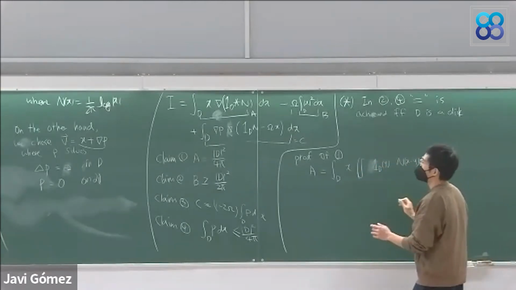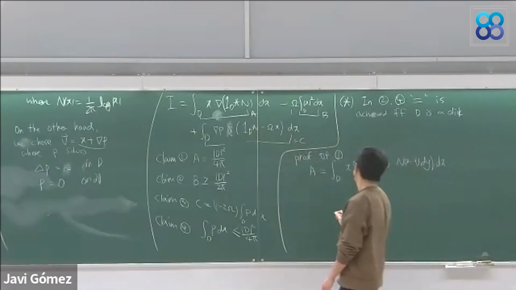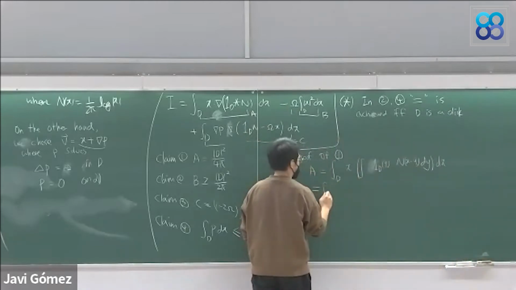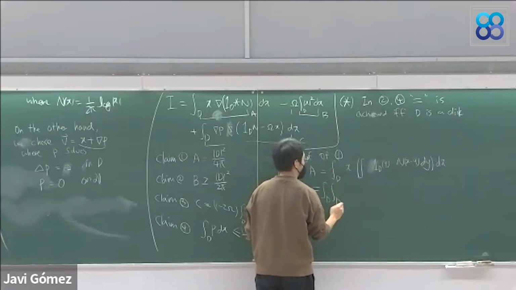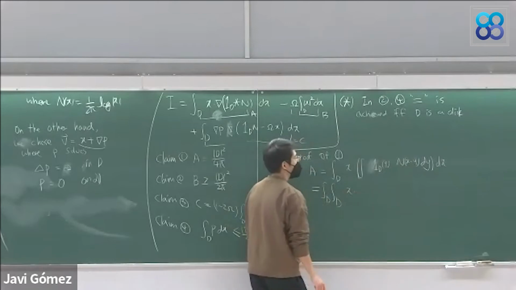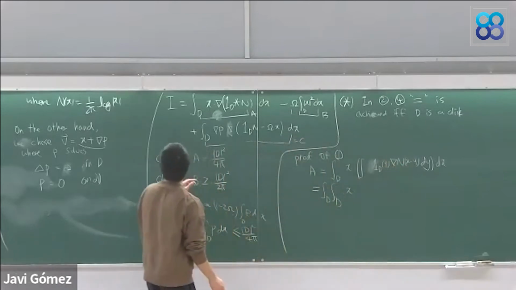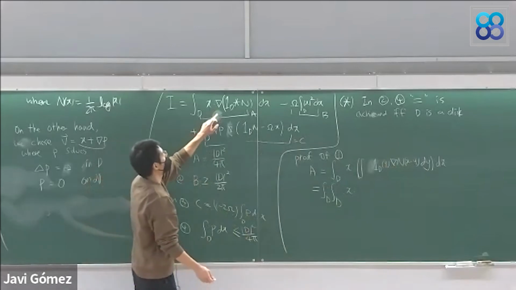I just expanded this convolution as an integral, integrating b. So we have a gradient.